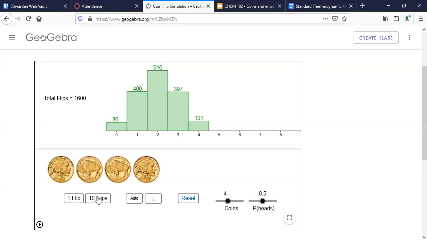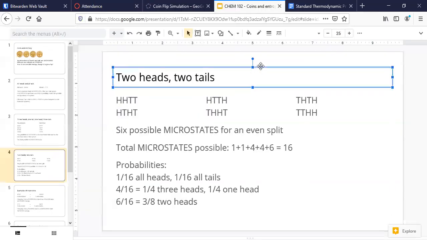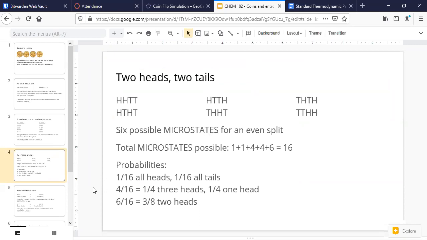Okay? Now, my big goal going through this was to represent these microstates with entropies and to make them numerical. So let's talk about what goes into these transitions.